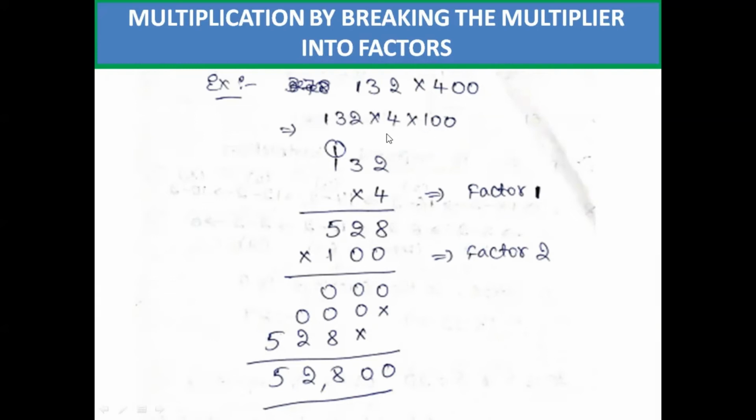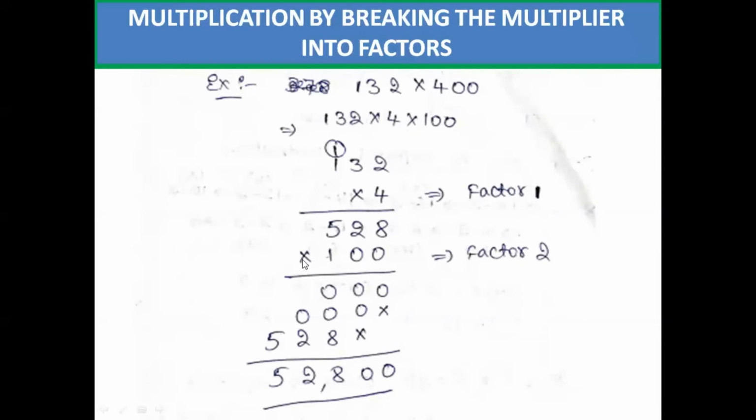So we have to write 4 into 100. This is breaking the multiplier. Okay. 132 into 4. 4 twos 8. 4 threes 12. 1 carry over. 4 ones 4. 1 plus 4, 5.